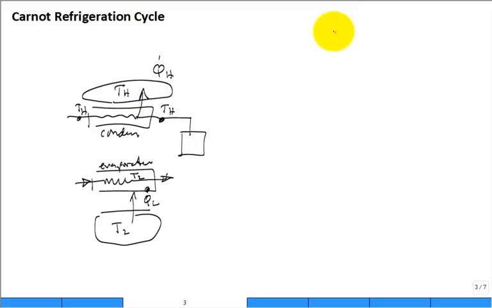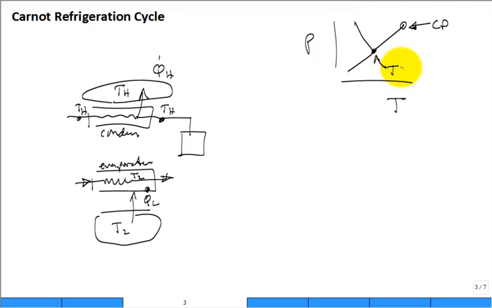Well, we recall our PT diagram, which is a projection of the PVT surface. And we recall that we had a region up to a point, then a line up to a point. What was the name of that point? The CP and the TP.